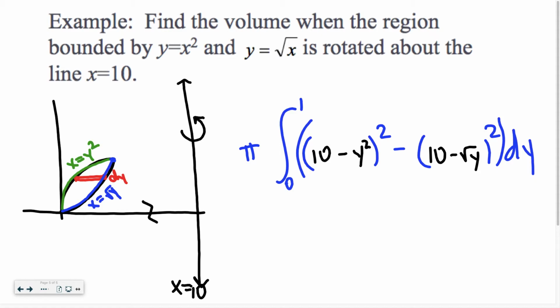So plug that in using Math 9. I'm not sure if you're going to get a nice value out of it or not.